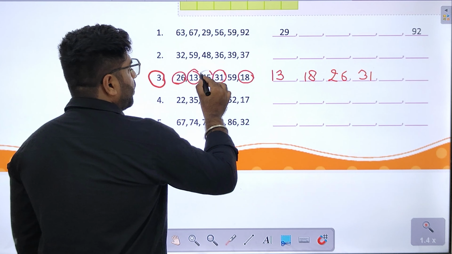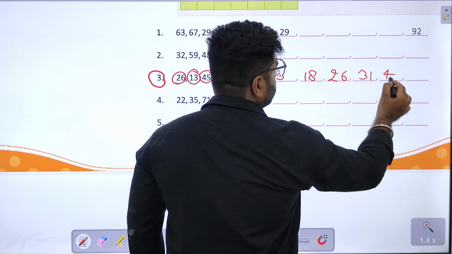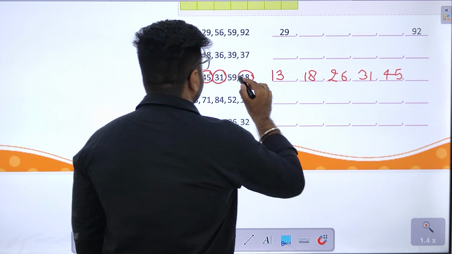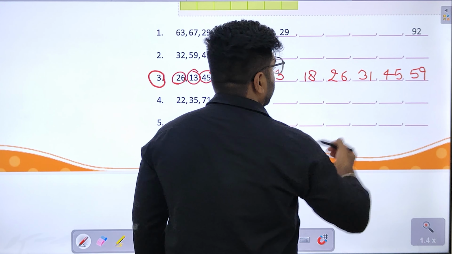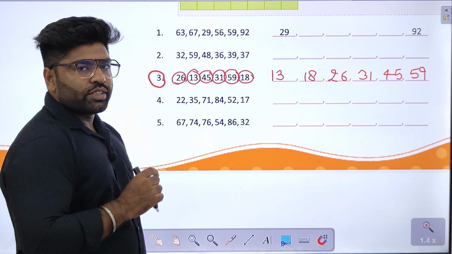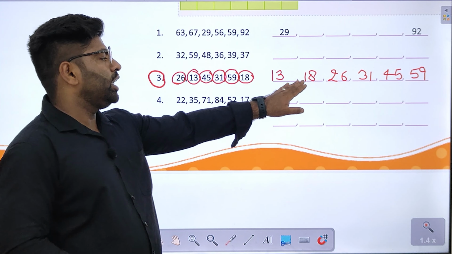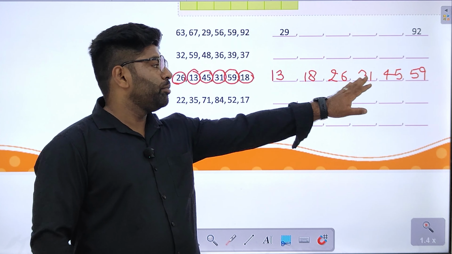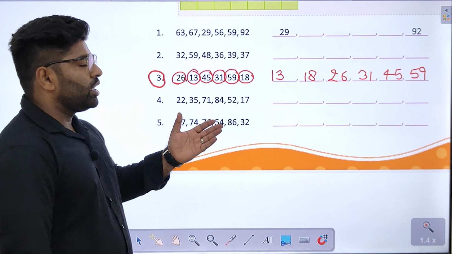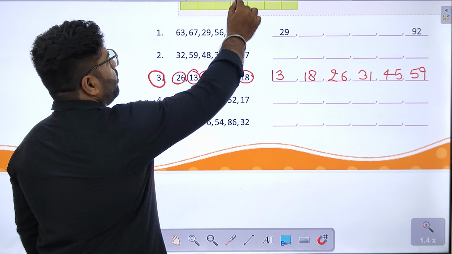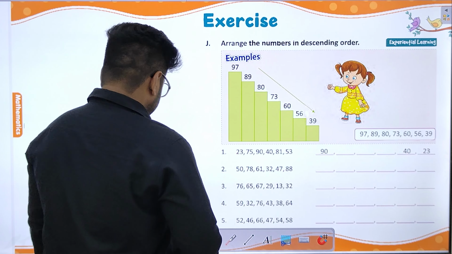After 31, we are having 45. After 45, we are having 59. Okay, so if you have seen, we have the smallest number, then 18 is bigger, then again bigger, and we ended at the largest number. So this is our ascending order, or we can say increasing order.